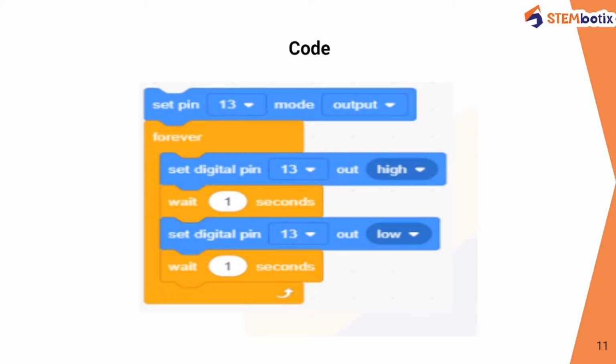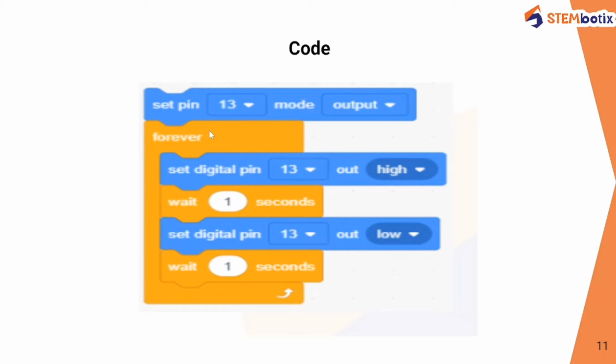So first of all, we will set pin number 13 to output mode, because the LED is an output device for our microcontroller. Then we will take a forever loop, because we need the LED to blink. It means we need to turn on the LED, hold for a certain time, and then turn off the LED as per our required time.